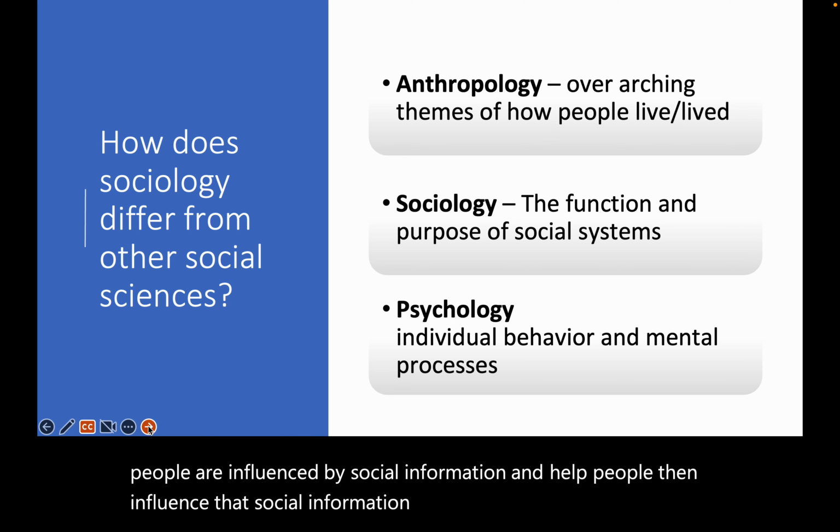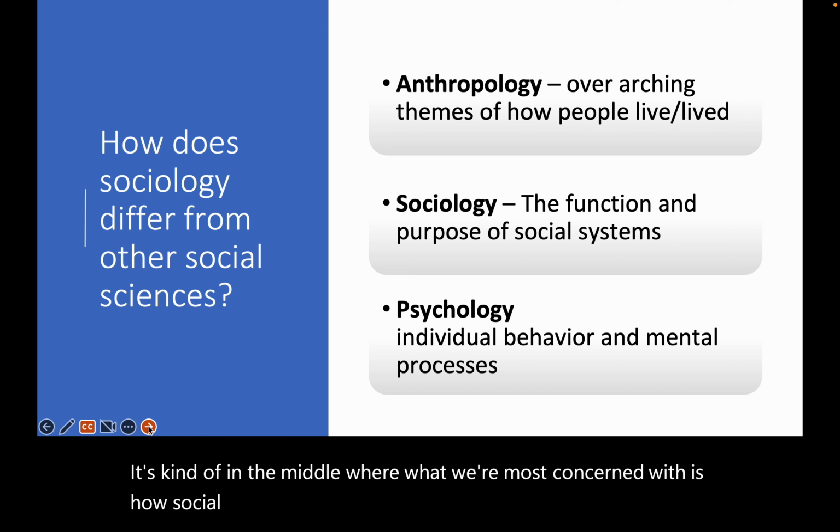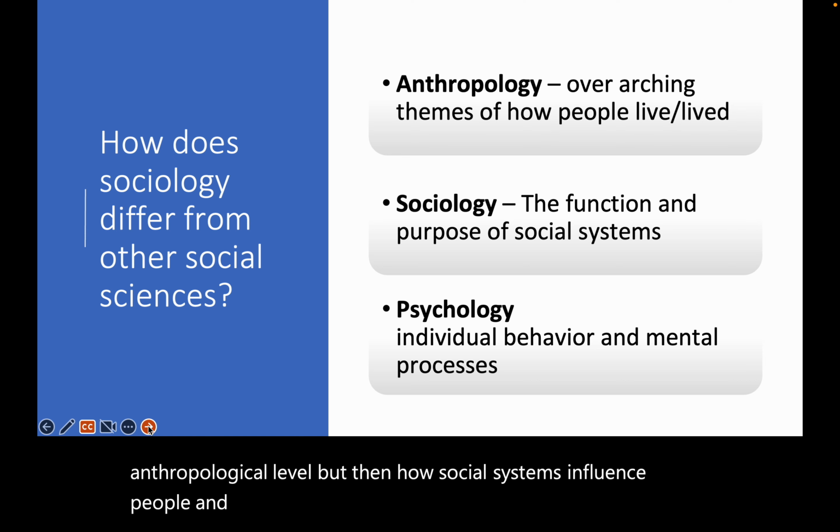Sociology sits in the middle, where what we're most concerned with is how social systems influence one culture, okay, so the anthropological level, but then how social systems influence people, and not so much the individual, but people within certain groups or within certain systems.